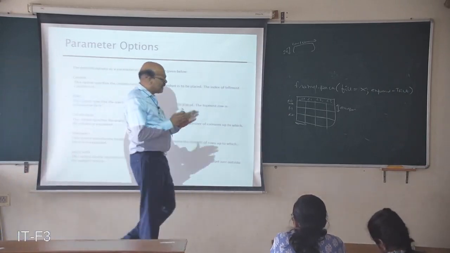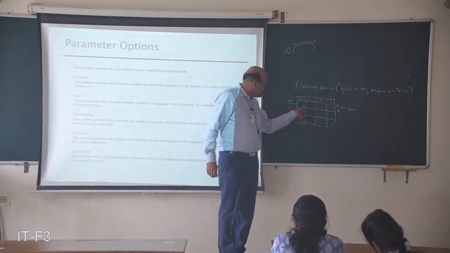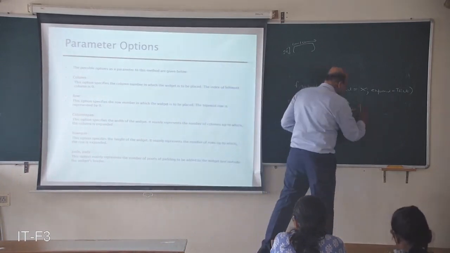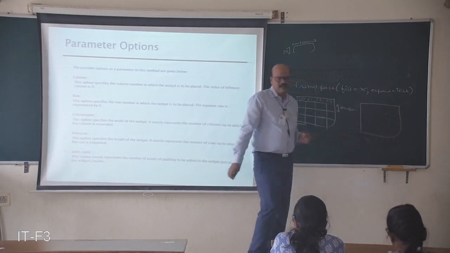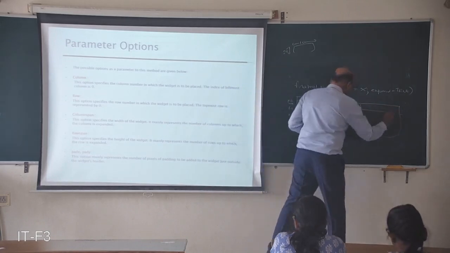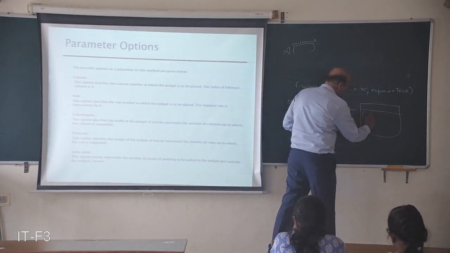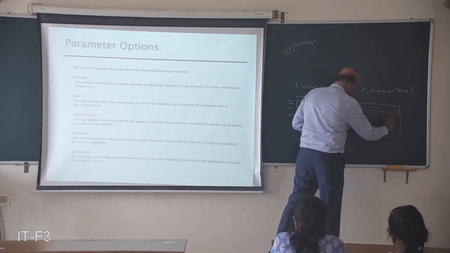If you want to have some space between each row and each column, for example while arranging the calculator buttons, I don't want these buttons to be organized like this. I want to organize them like this, with some spaces.